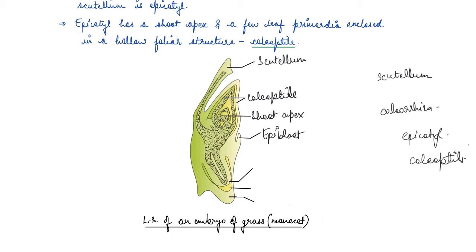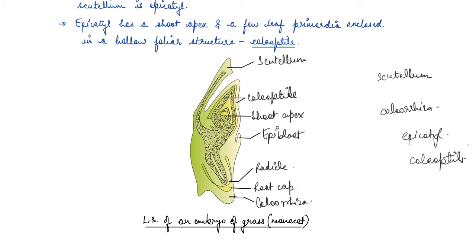Now towards the other end, we have radicle, we have the root cap, and this is the coleorhiza, right? So this is the structure of the embryo of a monocot. And do you remember what exactly coleorhiza is? The radicle and root cap are enclosed in an undifferentiated sheath, and that sheath is known as coleorhiza.